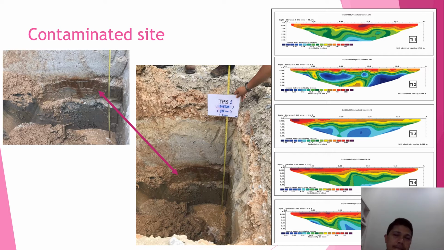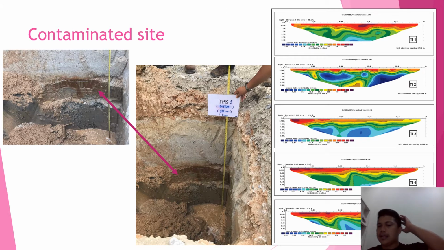So last time, based on this trial pit, we interpret the resistivity value with the high value as representative of the oil layer. Okay, and then based on the resistivity result also, we can get some information on where the water table is.